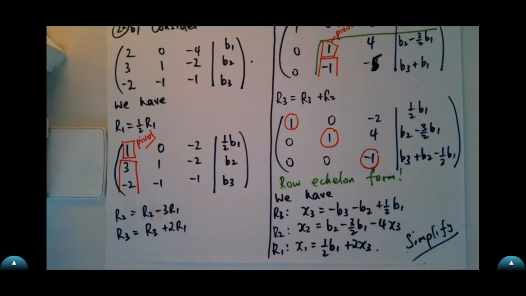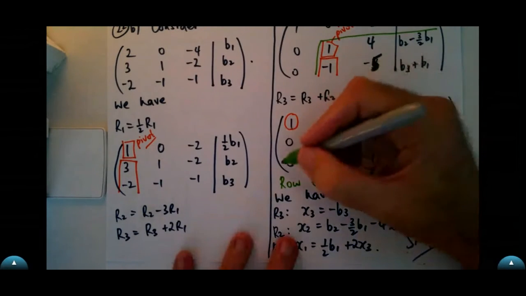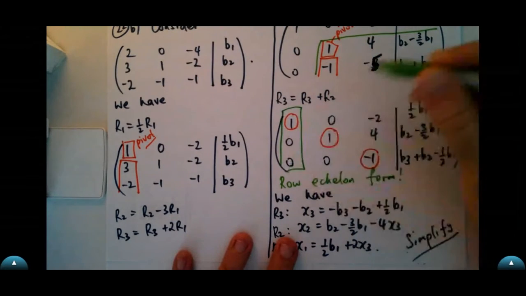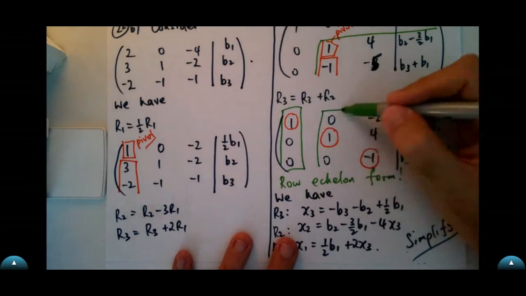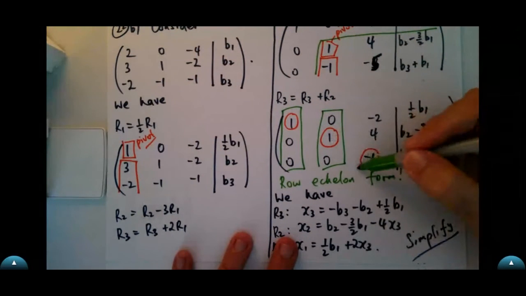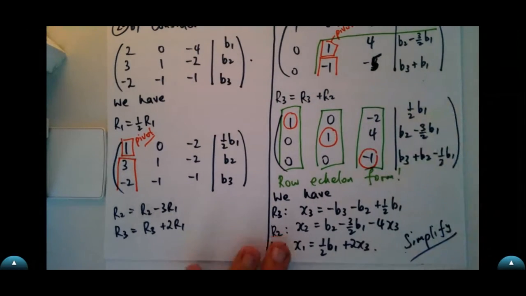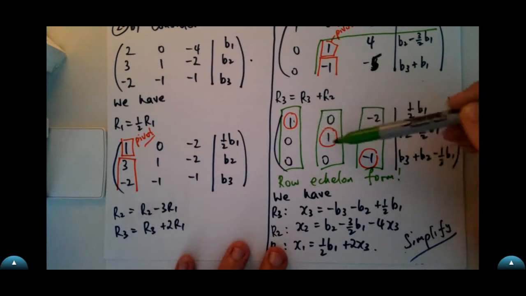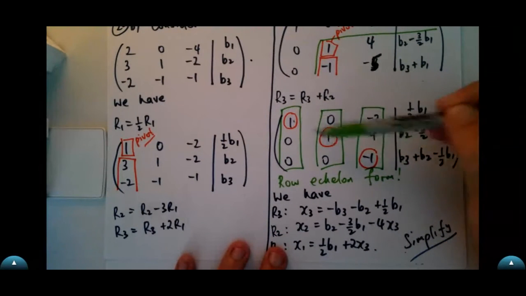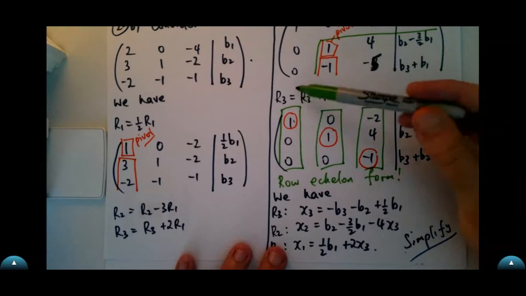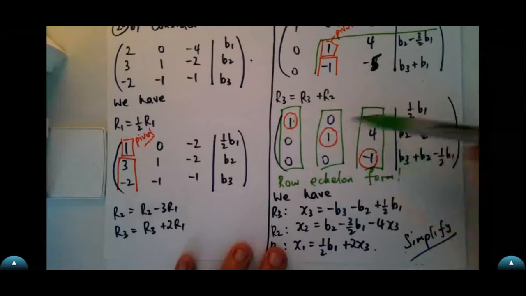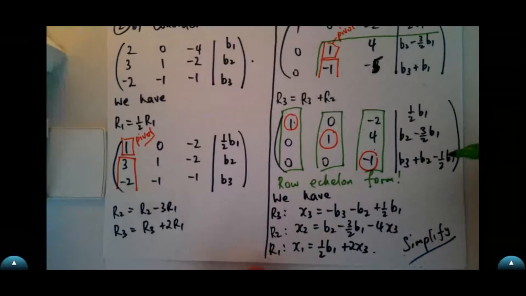So if we look carefully, that column's a leading column, that column's a leading column, and that column's a leading column because they each have one leading entry from each row. So all of these left-hand columns are leading. That means there has to be a unique solution. Let me say that again.